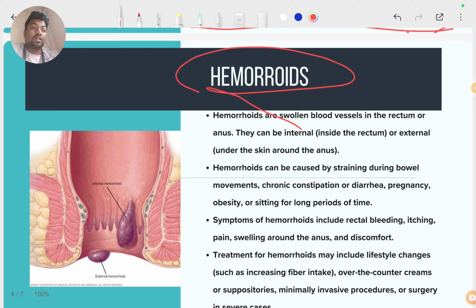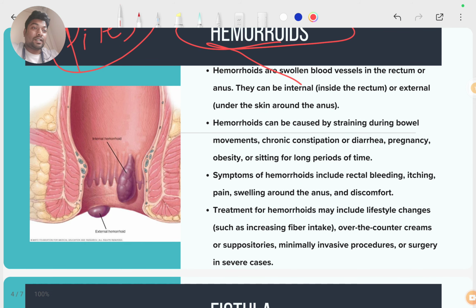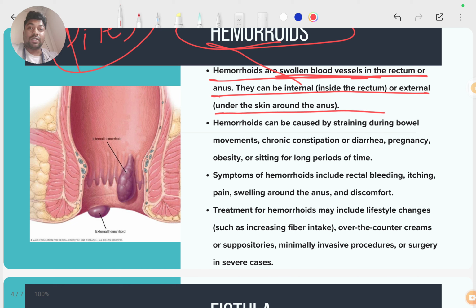Now talking about the hemorrhoids, or we call it piles. Hemorrhoids are swollen blood vessels in the rectum or anus. So these are bulged, or we can say swollen, blood vessels. This can be internal or external, as we discussed earlier.